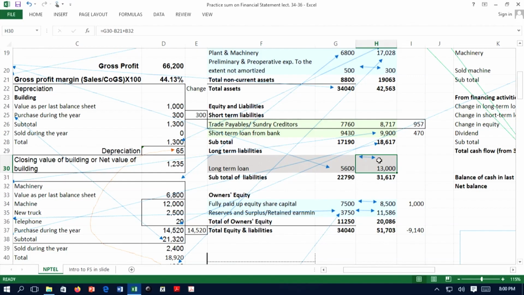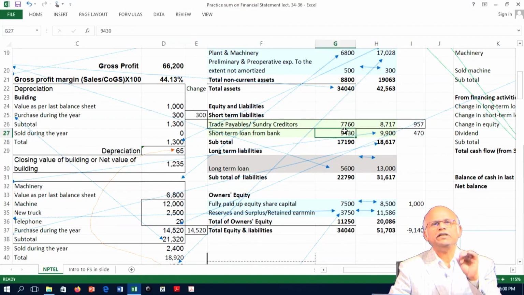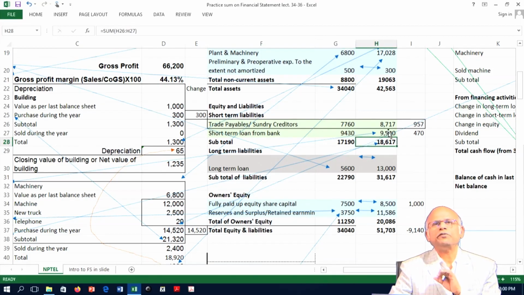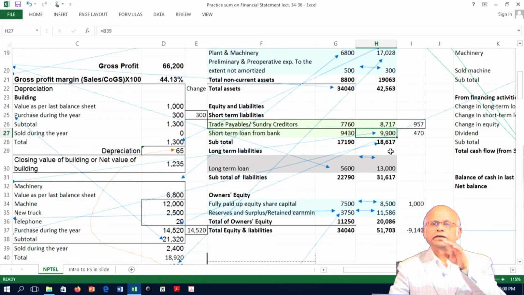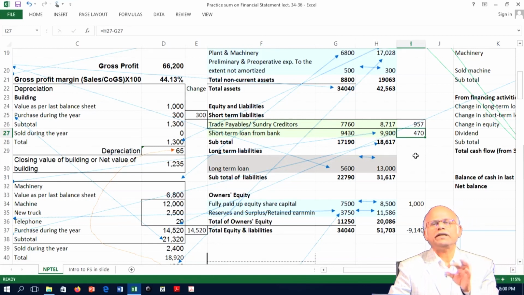The convention for long term loan is different from the convention of short term loan. For short term loan, you have to make just a subtraction: this year's balance minus previous year's balance. You have to remember this convention, because there is no concept of repayment of short term loan. Whatever is the balance at the close of business this year minus the balance of previous year will become the cash flow.